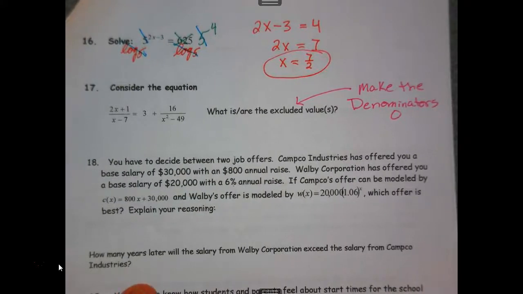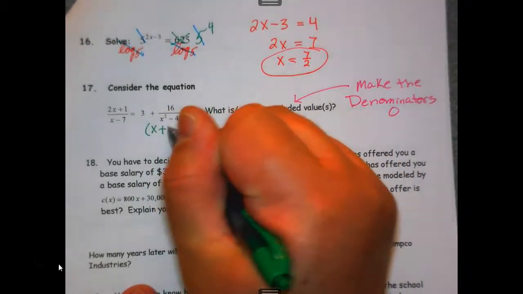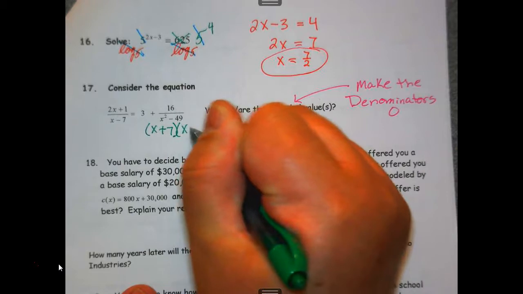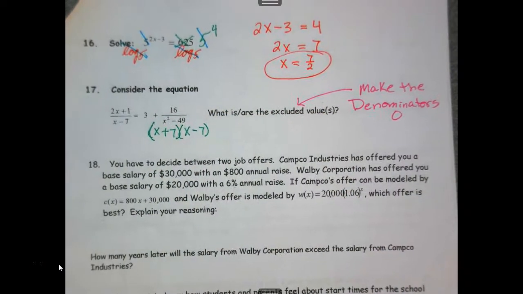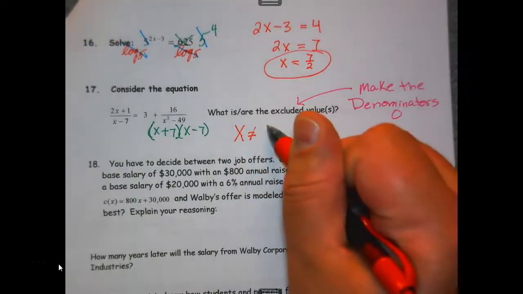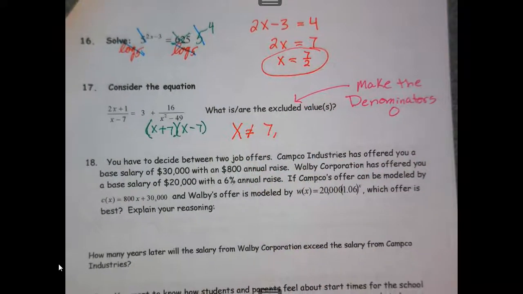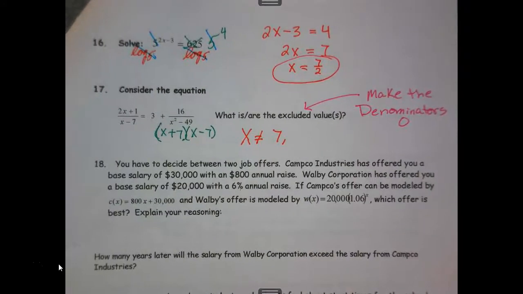Okay, so the first thing you want to do, factor all denominators. Such language. Such terrible, terrible language. Okay, what's going to make my denominator 0? 7's one of them. So x cannot equal 7 or negative 7, right?